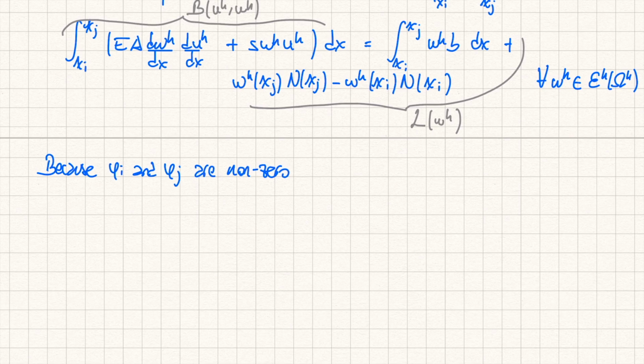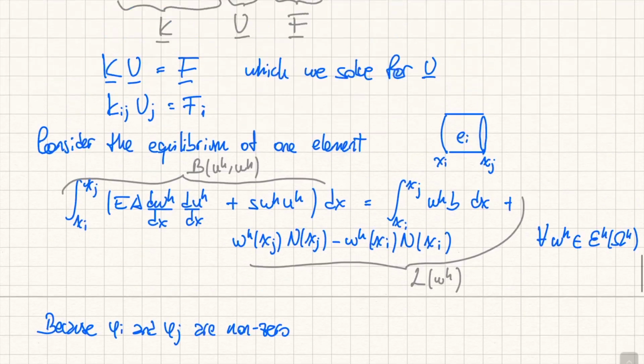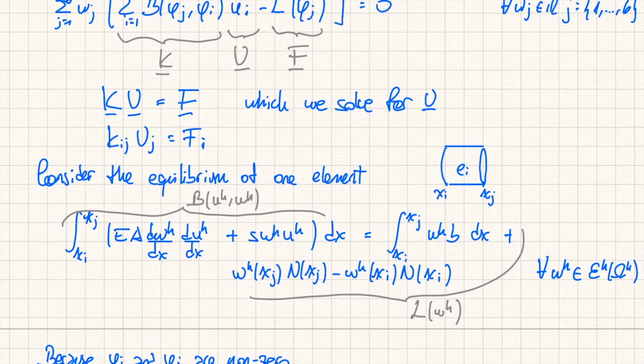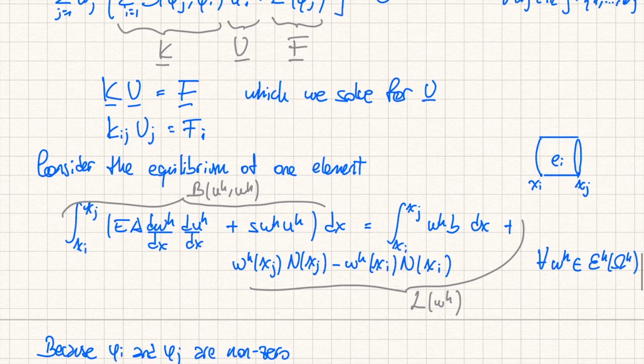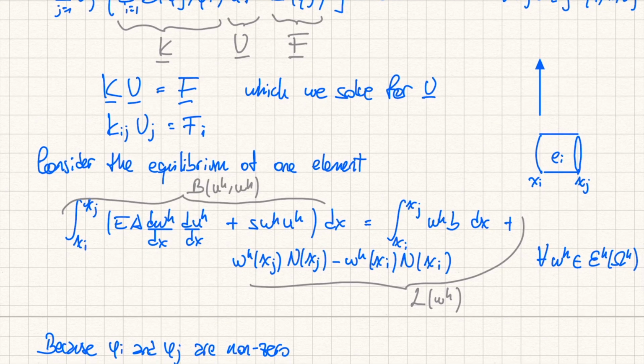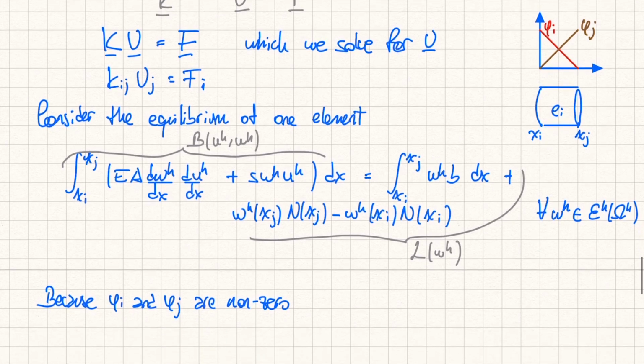So we have basically a function that looks like this and a function that looks like this. So if you want to draw those functions, you're going to have a function that looks like this, phi_i, and then a function that looks like this. And those, and only those, are the only ones that are non-zero in that element.